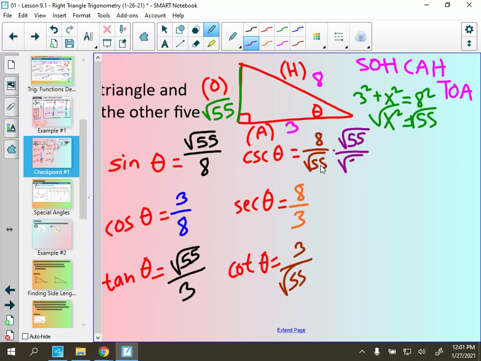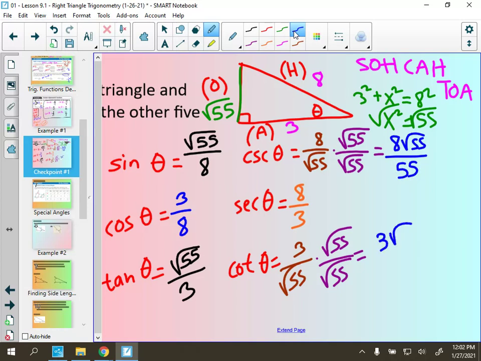Remember, we want to multiply both the numerator and the denominator by the same thing, and it will be simplified. Okay, so the 8 times the square root of 55 is just that, 8 times the square root of 55. Don't multiply those numbers. And then the square root of 55 times the square root of 55 is just 55. And then I get kind of that same thing going on down here. 3 root 55 over 55.